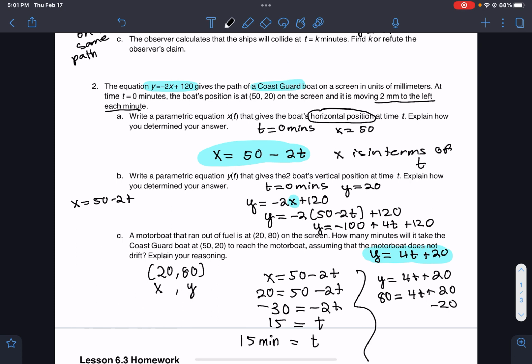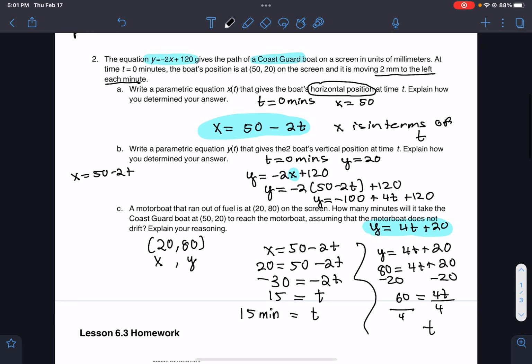So when I subtract 20, I get 60. And you see when I divide by 4, I also get 15, which means that we did it correctly.